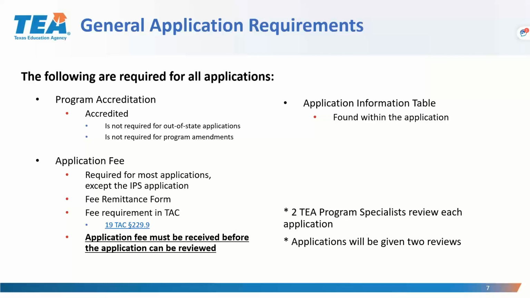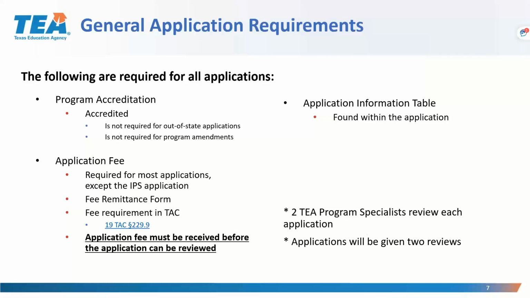Another general application requirement is the application fee. An application fee is required for all applications except for intensive pre-service. If a program submits an application fee but is not eligible to apply, the fee may stay on account with TEA until the program regains eligibility, or the program may request a refund.